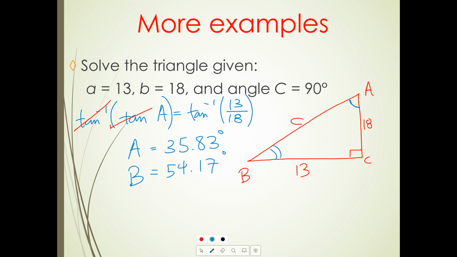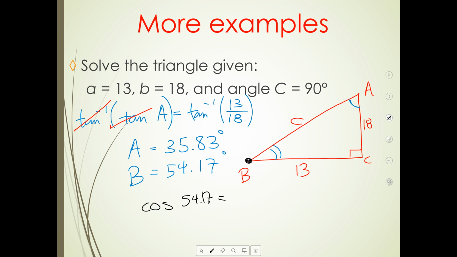Okay, so if we use angle B, I know I'm looking for the hypotenuse. So, Devin, you have a veritable plethora of options. Do you want to use the 18 or the 13? 13, great. Is the 13 from angle B opposite or adjacent? Good. We're looking for the hypotenuse. What function uses adjacent and hypotenuse? Good.